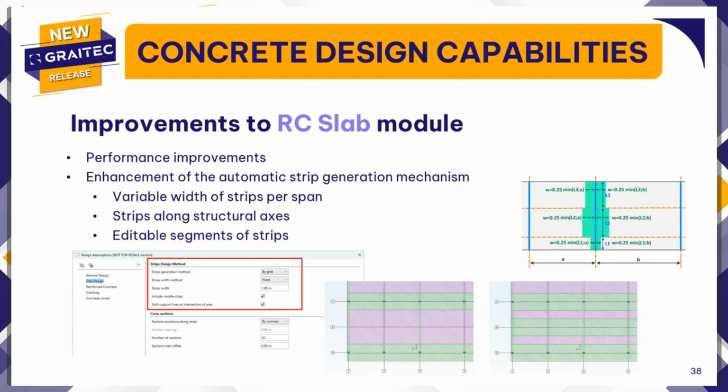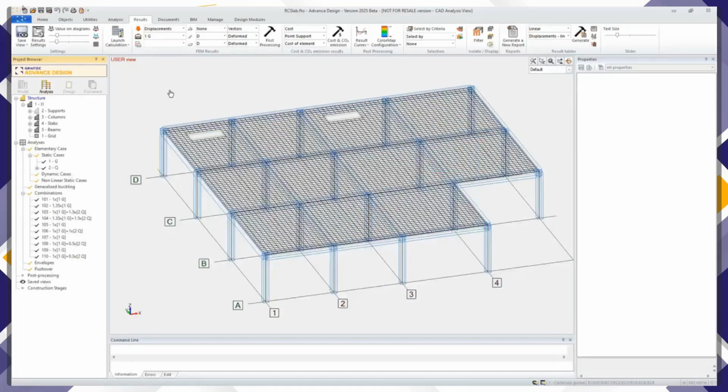The next is a possibility for automatic definition of strips along structural axes and not only along the columns as it was before. And finally, we can now edit segments of strips, so we can easily adjust the strip geometry separately for each span. And there is a video showing this.